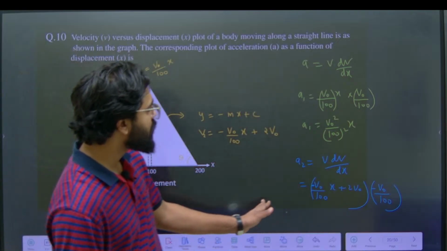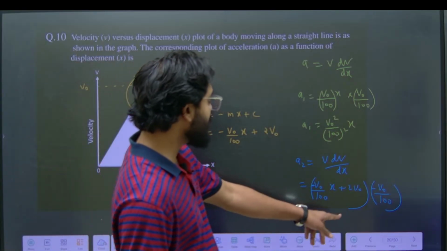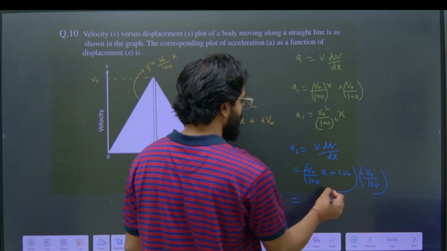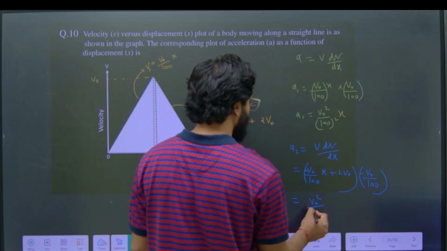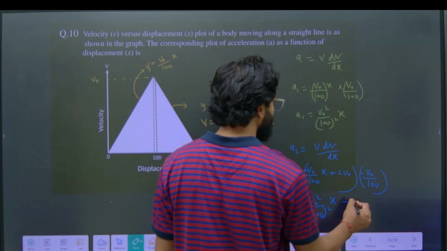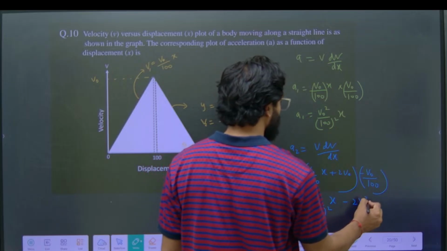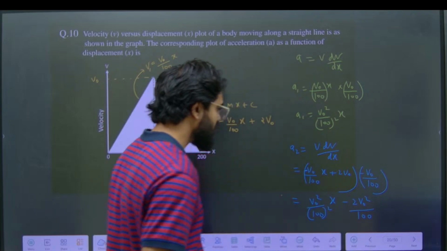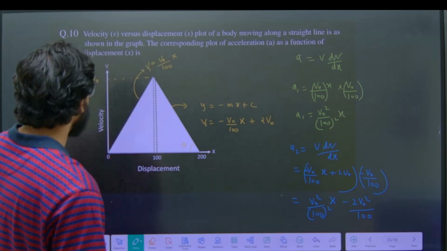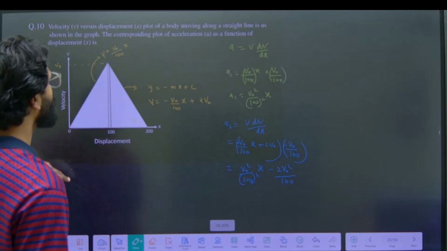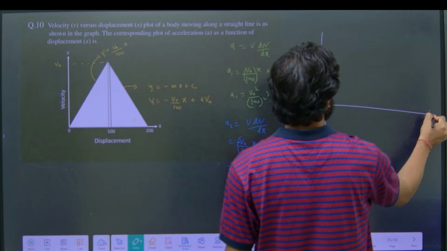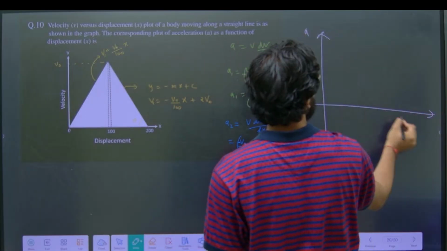So with this negative sign, it will come out as v naught square upon 100 square into x minus 2 v naught square upon 100. So over here slope is positive, intercept is negative. So our curve will be like this.